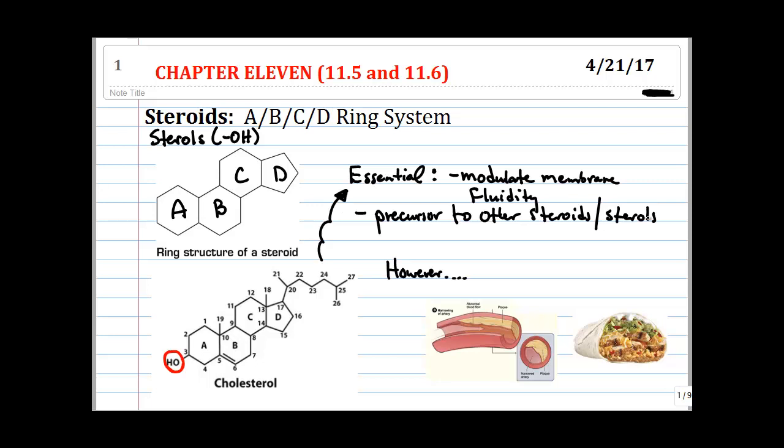Now, we make cholesterol in our bodies, and we also get it from our diet, much like this burrito here. It probably has a pretty good bit of cholesterol in it.